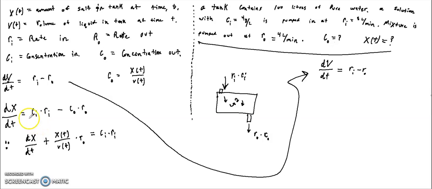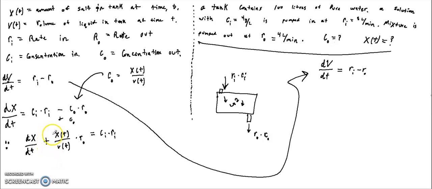And then the change in the amount of salt with respect to time is just going to be the concentration in times the rate that it's being pumped in, minus the concentration out times the rate being pumped out. And I think that kind of makes sense if you just think about it for a little bit. And finally, we can plug in Co for this, and then we can rearrange, add to both sides, and then we get this term right here.